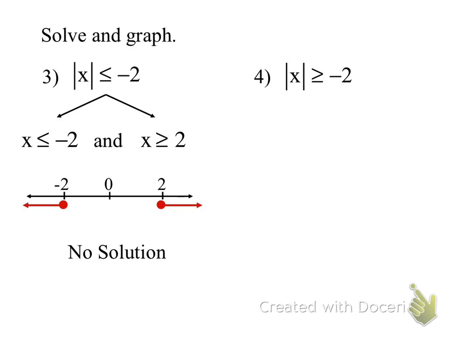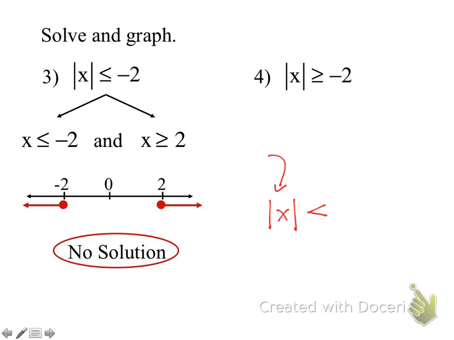Okay, no solution. Now, you could have told that also from the original. If you make sense of this, we know what needs to go in here: that would be less than or equal to negative 2. You don't have to do any of it to find out it's no solution, because there's nothing that would work. We said absolute value can never equal negative 2.